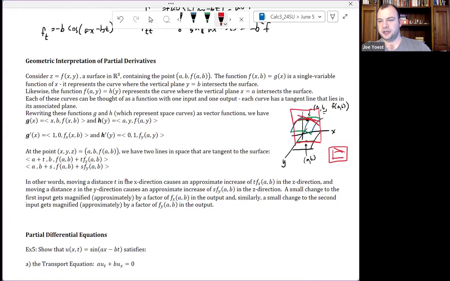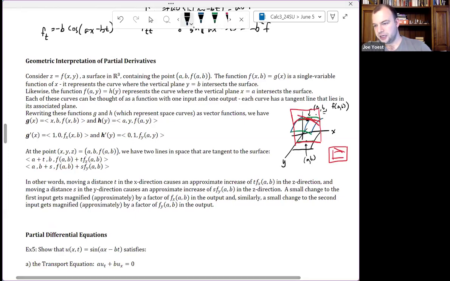So at the point of interest, we have two tangent lines, say this red one that's going in this plane that's parallel to the xz plane, and this black tangent line that's going along in a plane that's parallel to the yz plane.